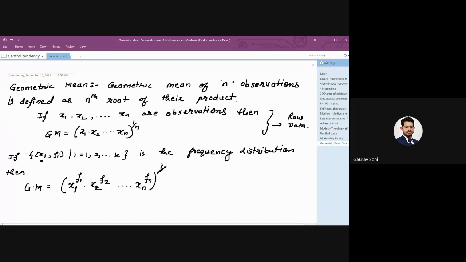How do you get the number of observations? The sum, Manas, of the frequencies. Exactly. f1 plus, it's not k. So that will be 1 upon capital N, where capital N is equal to summation fi.